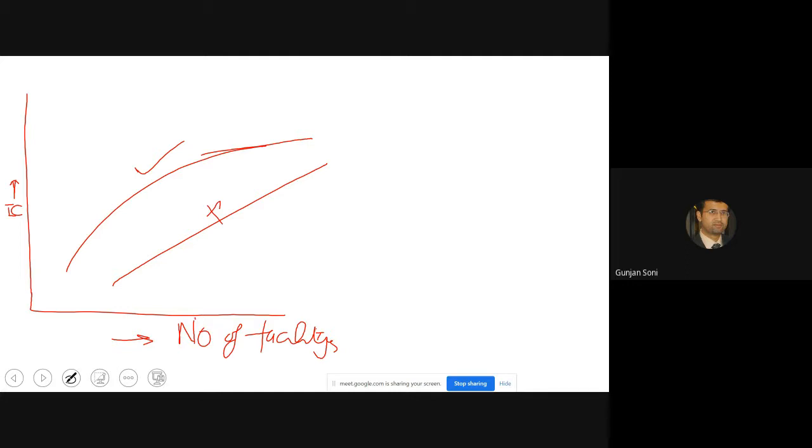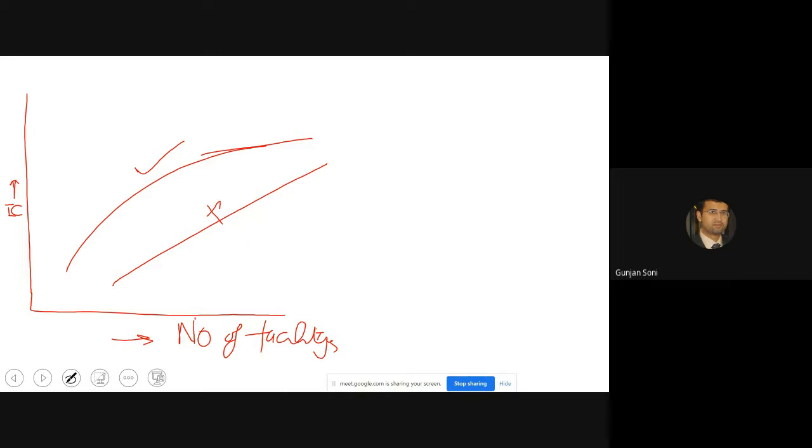the rate at which the inventory cost is going to increase with the increase in the number of facilities will not be that high, since you have already opened so many facilities, and these facilities start getting closer to each other, so you can afford to transfer inventory from one store to another.